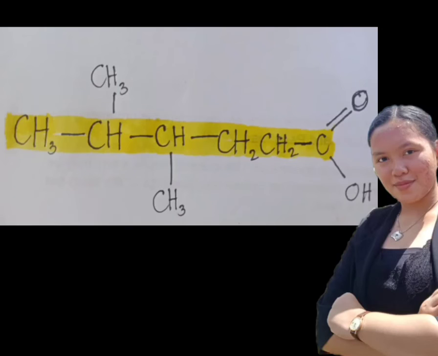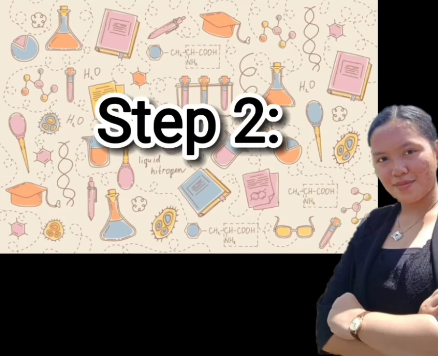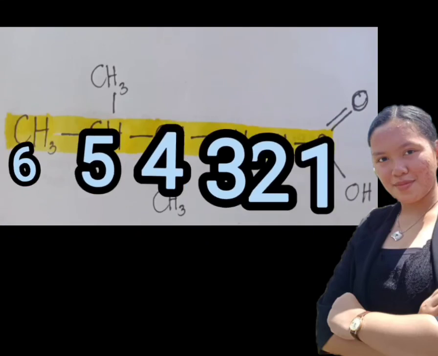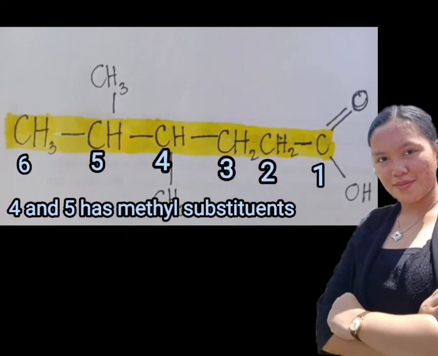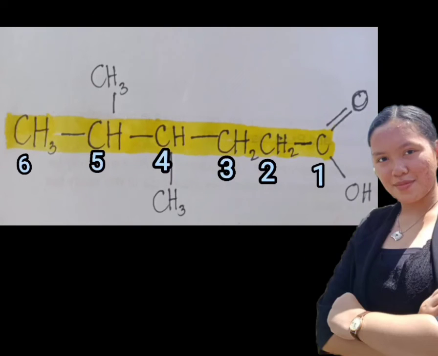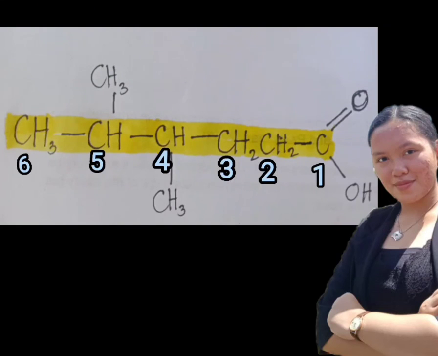For example, hexane plus -oic acid equals hexanoic acid. Step 2. Number the carbon chain from 1 to 6 and name the substituents. The substituents on C4 and C5 are both methyl, and the answer is 4,5-dimethyl hexanoic acid.